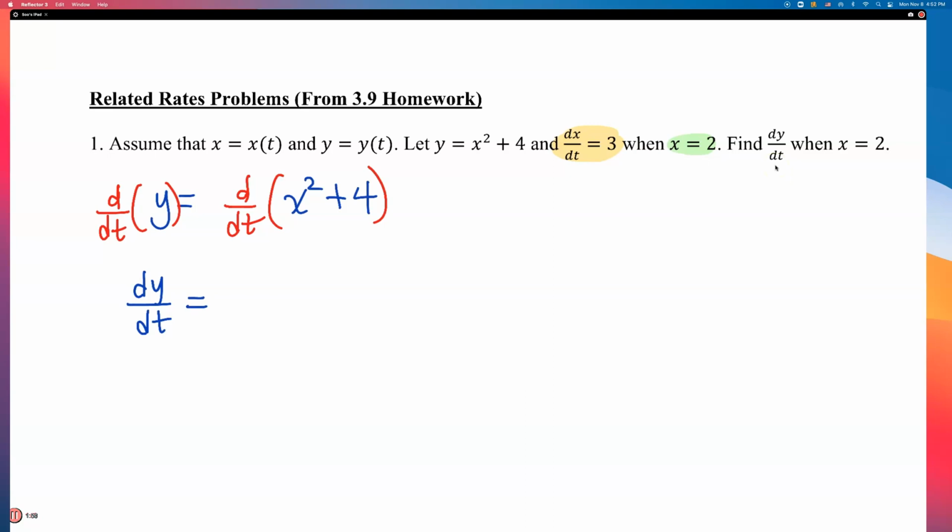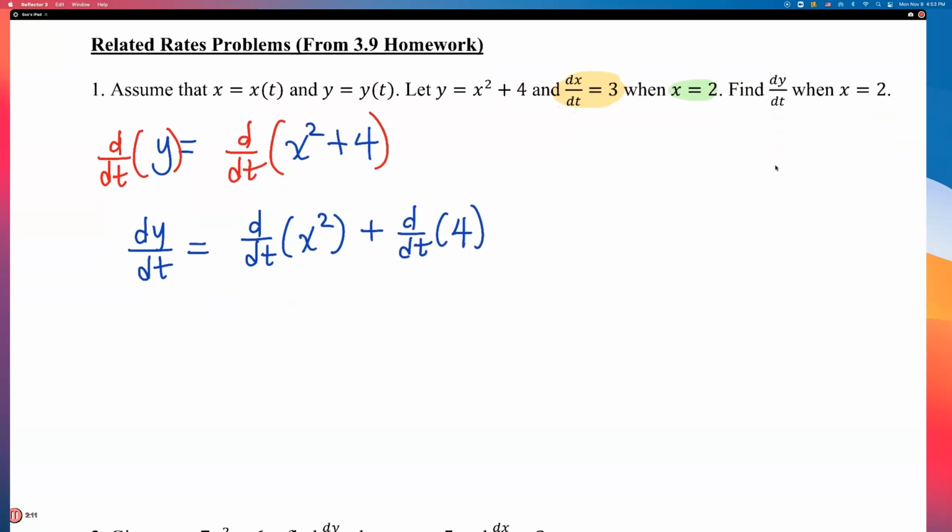I'm taking the derivative of x squared plus 4. So I'll separate this. I'm going to find the derivative of x squared first, and then I'm going to find the derivative of 4, and I'll add them together. So dy dt is, now for this piece, we have to use implicit differentiation.